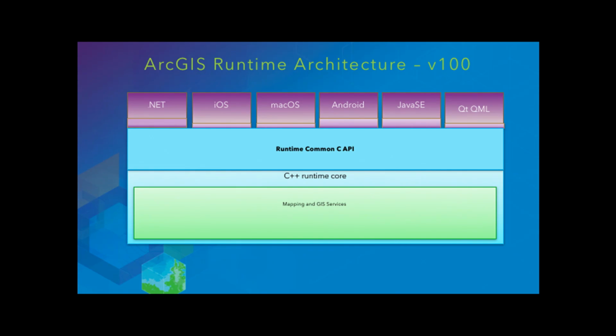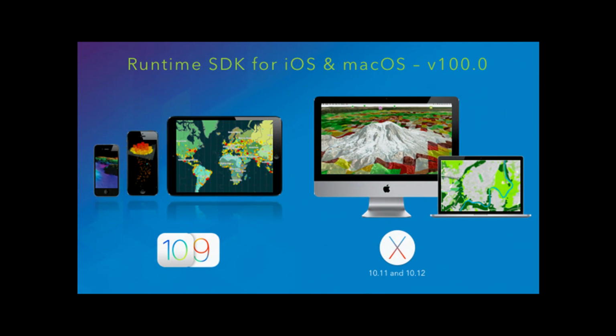While the mapping and GIS services are still provided by the C++ core, most of the SDK functionalities have been implemented at the C API. This has enabled us to provide you with a consistent design, API, and behavior for all these different SDKs that wrap the C API. It has also enabled us to scale up our developmental efforts and have synchronized release of functionality.